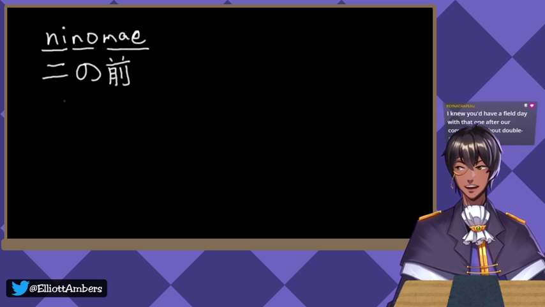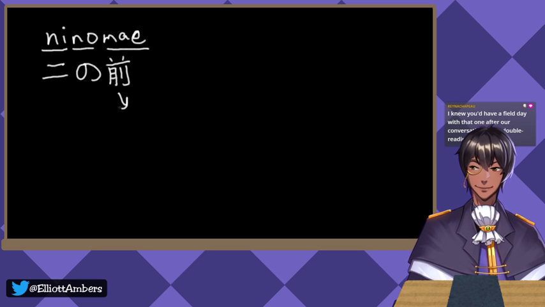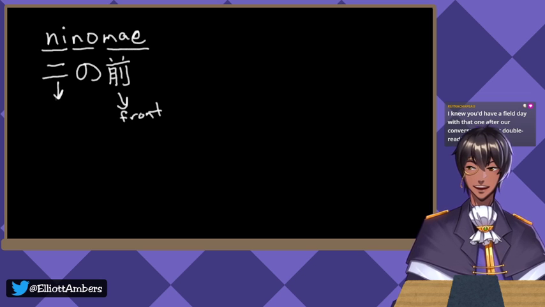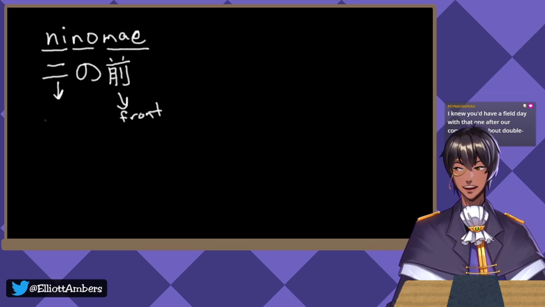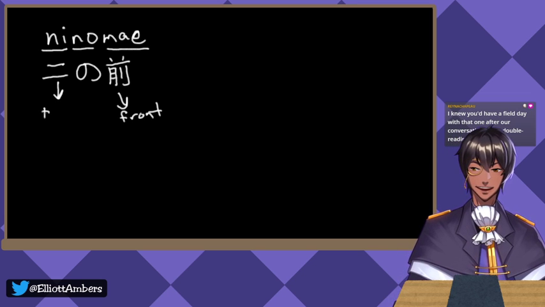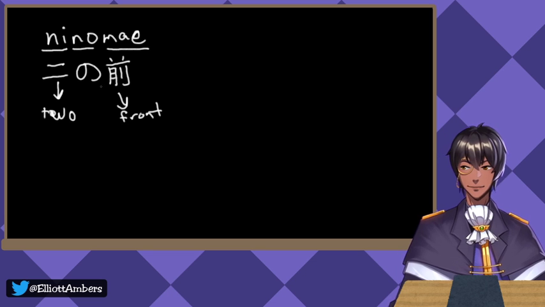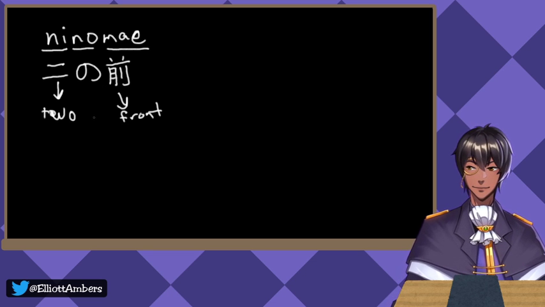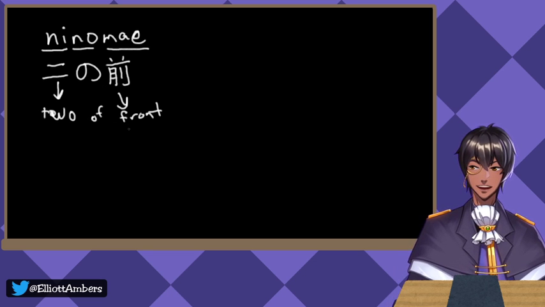So what this would translate to literally, Mae is front. Ni. Yeah, you're right, Reina. And the no is possession, so front of 2. We'll just swap this around.